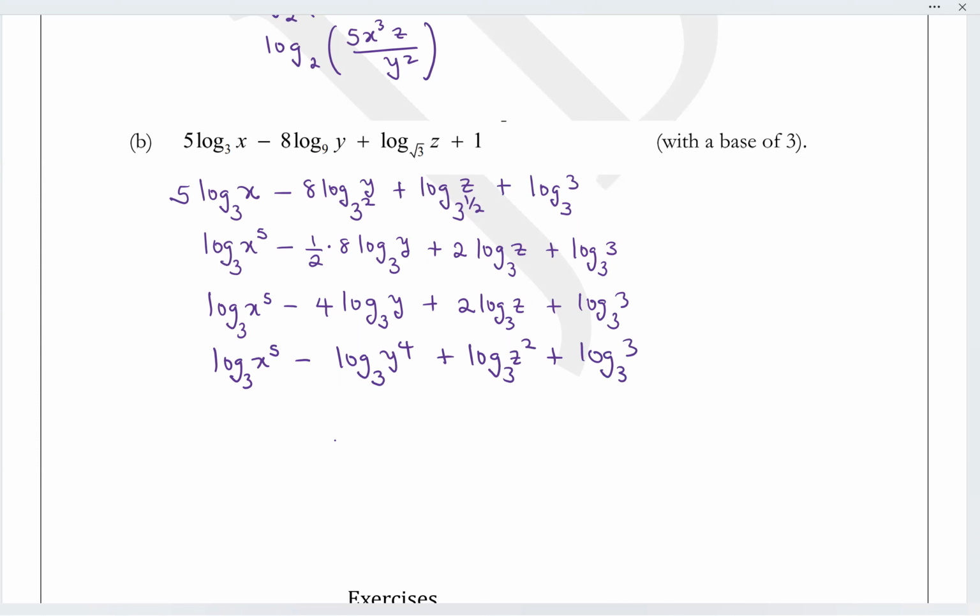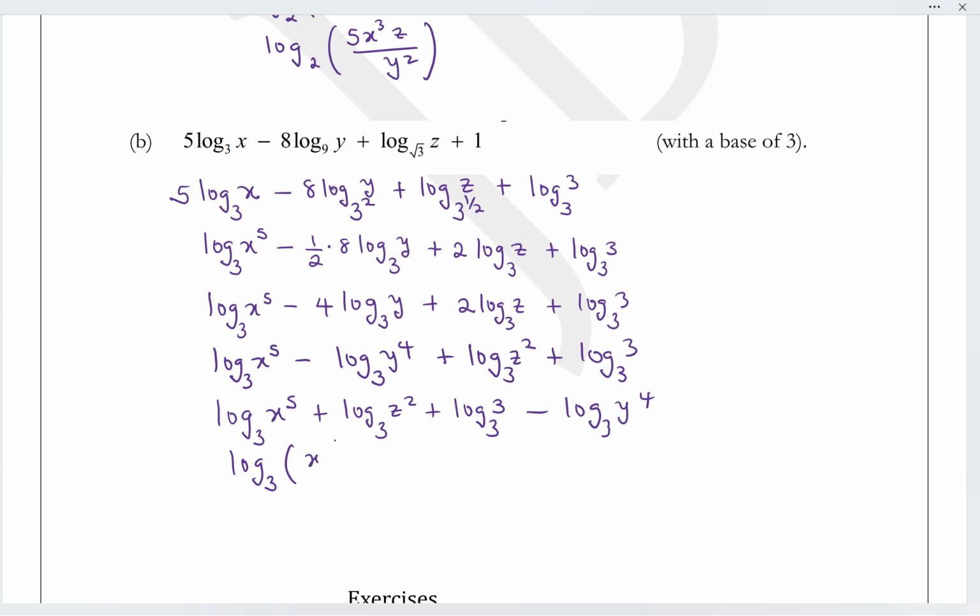Okay. So similar to what we did, you can still arrange that because you see we have plus plus how many? 3 parts. So let's put the pluses together. You can write it as log 3 of x to power 5 plus log 3 of z squared plus log 3 of 3 minus log 3 of y to power 4. Now we can combine all the addition and change it to multiplication.